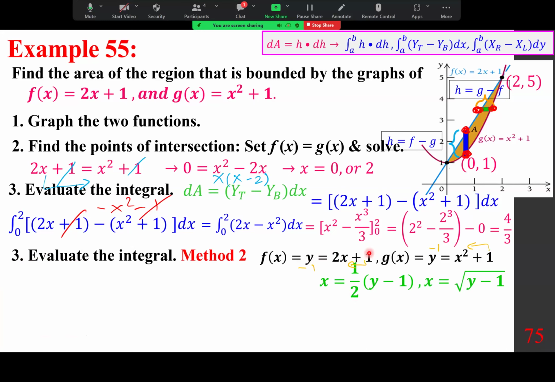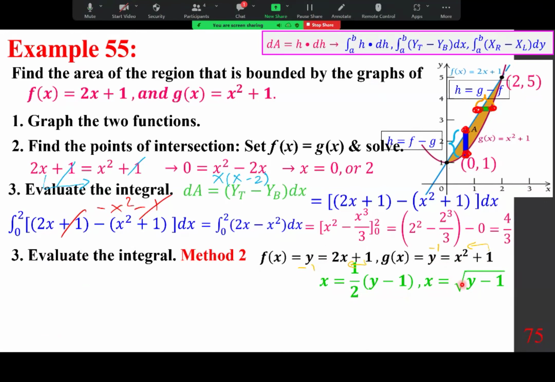Number one, when you solve the line for x, it is very simple, half of y minus 1. When you solve the curve for x, you get two of them, plus and minus. Please understand, this is the positive side, this is the negative side. Remember that. So when you solve for x, you get plus or minus square root of y minus 1.